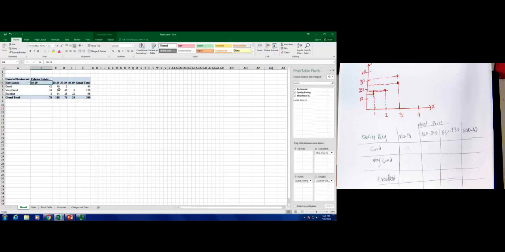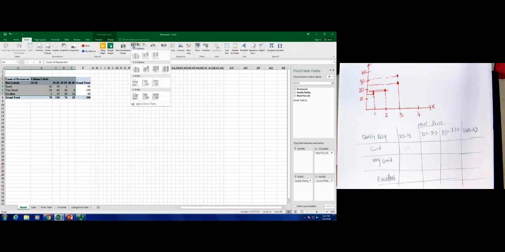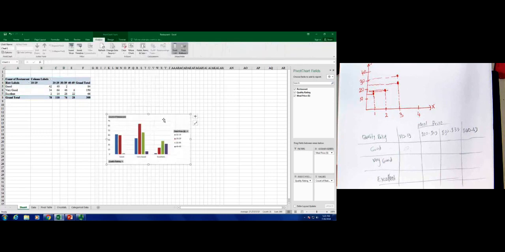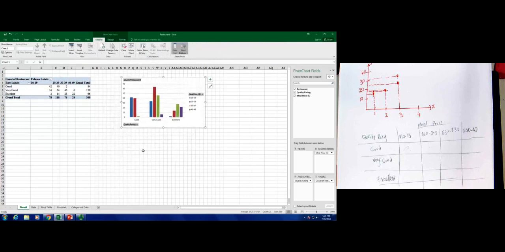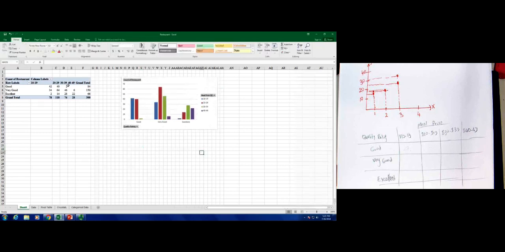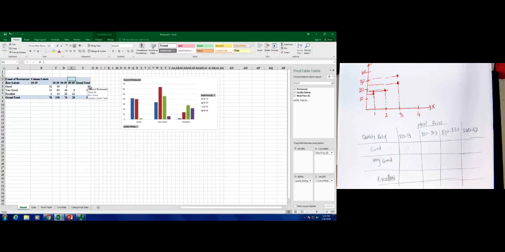So good, very good, excellent. And you can use this to obtain row percentages, column percentages, or you can select this data and insert. You can obtain a side by side bar chart.